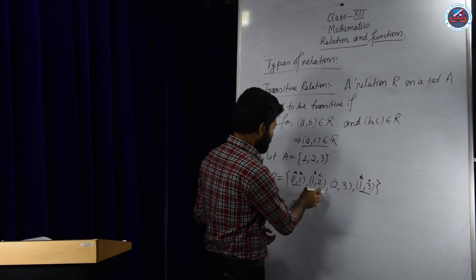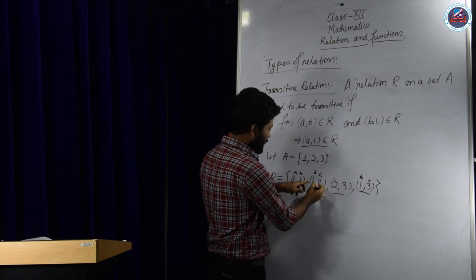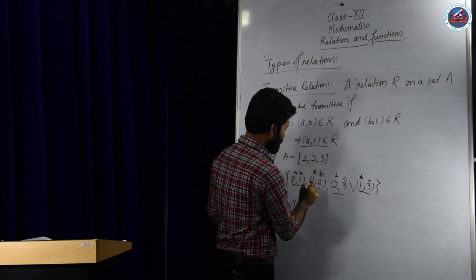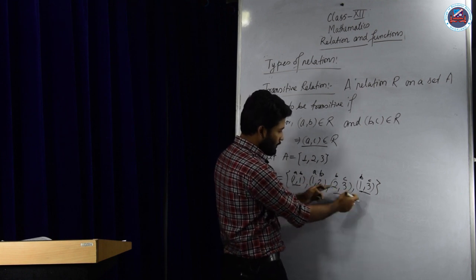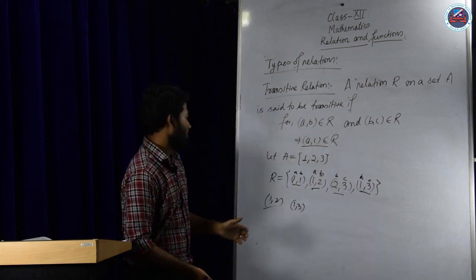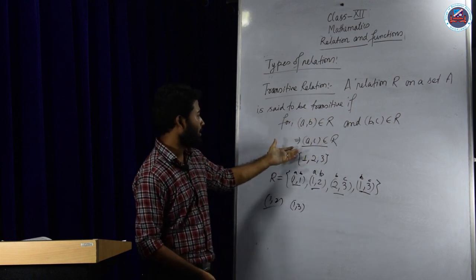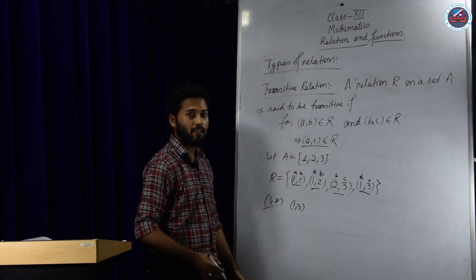Next, let us take (1,2) and (2,3). This will be our (a,b), this is (b,c). So we must have (1,3). Our (1,3) is here, fine. So for every (a,b) belonging to R and (b,c) belonging to R, we have seen that (a,c) belongs to R. Hence this relation is a transitive relation.